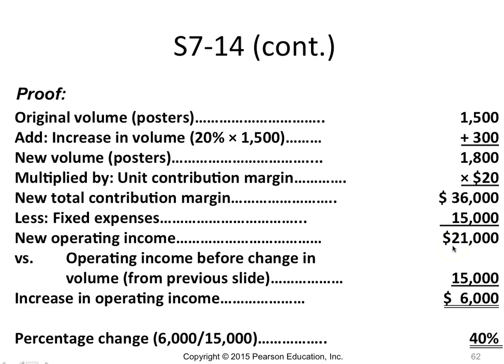So our new operating income is 21,000, and the operating income before change is 15,000, and the difference is 6,000, and the change here is a percentage of 6,000 divided by 15,000, and that is our 40%.